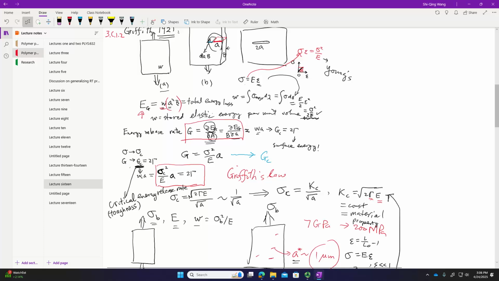If you measure the stress at that moment, then of course that's that particular critical stress. And this operational definition will tell you how large that GC will be. And for other materials, we find it's much larger than gamma. So that's where we were last time.